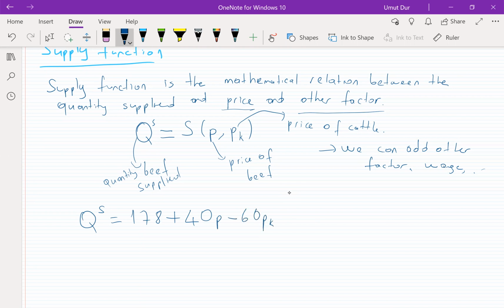So this is basically saying that the quantity supplied for beef increases by 40 as the price of the beef increases by $1, and the quantity supplied for the beef decreases by 60 units as the price of the cattle increases by $1. So we can see the effect of the change in the price, as we did for the demand.